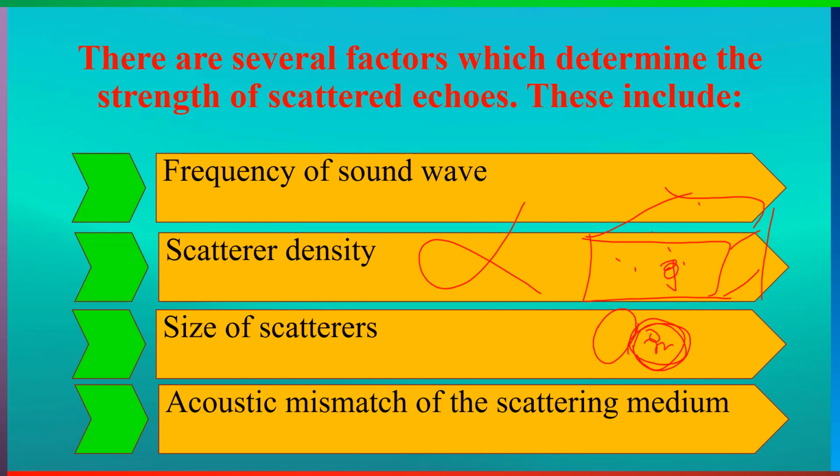So if the acoustic impedance of both media is different from each other, there will be strong scattering. So again, there is a direct relation between the acoustic impedance mismatch and the scattering. All these were factors affecting the scattering.